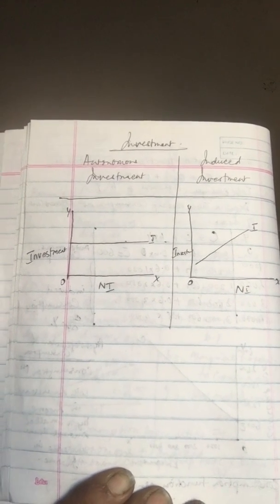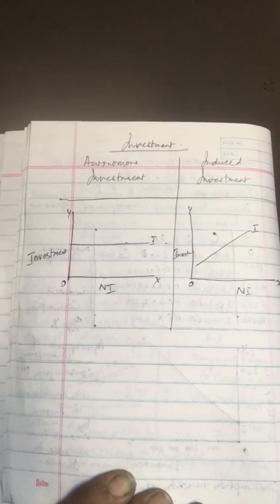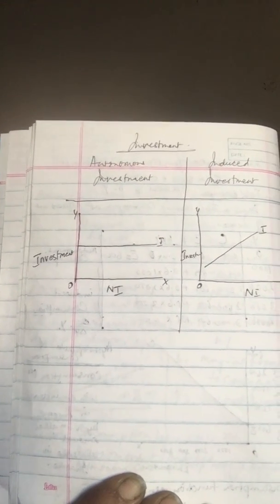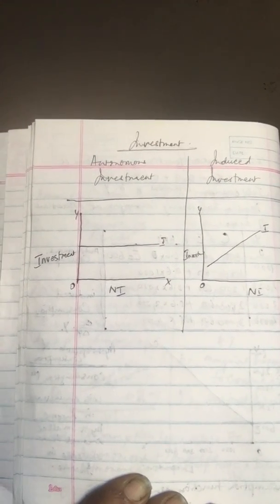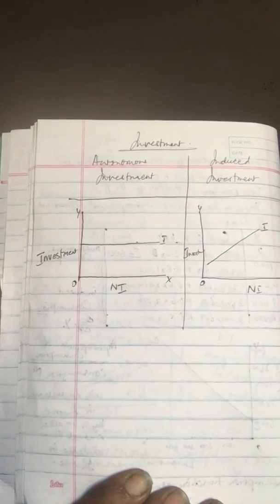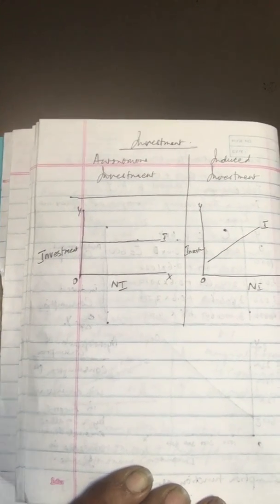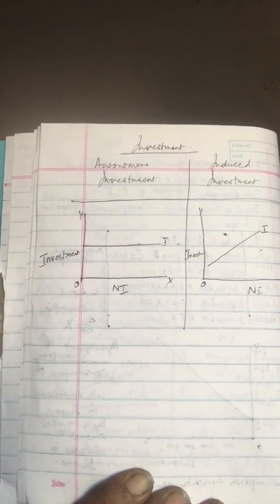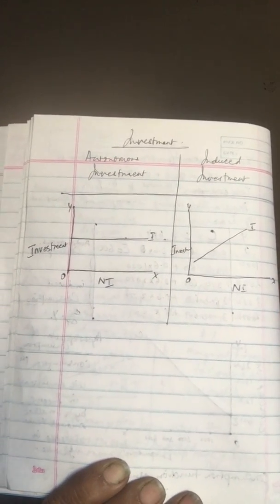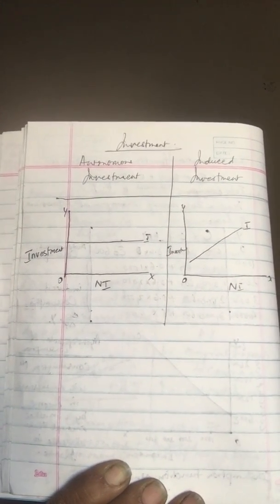So when the expenditure and investment is not affected by national income, it is autonomous investment. That can be shown with an investment curve parallel to the x-axis, which means whatever the level of national income, the investment as decided by the government remains unchanged.